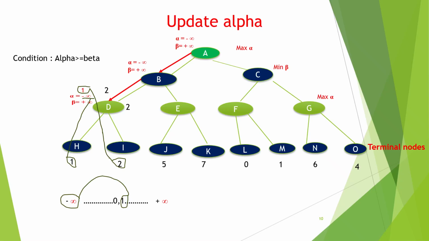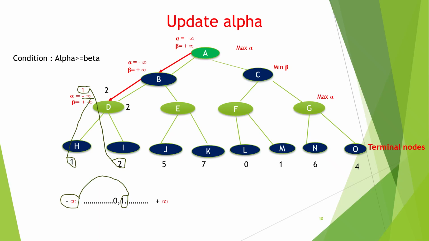From D, you can assume it is the chance of the maximum player to move in the game. Max, min, max. See the graph. Now it is the time for the maximizer to play in the game. Now how can he play?